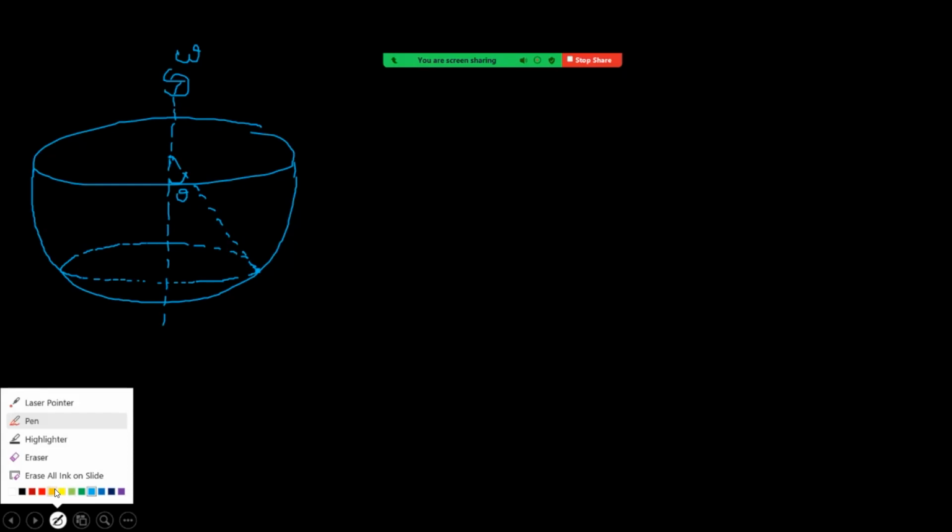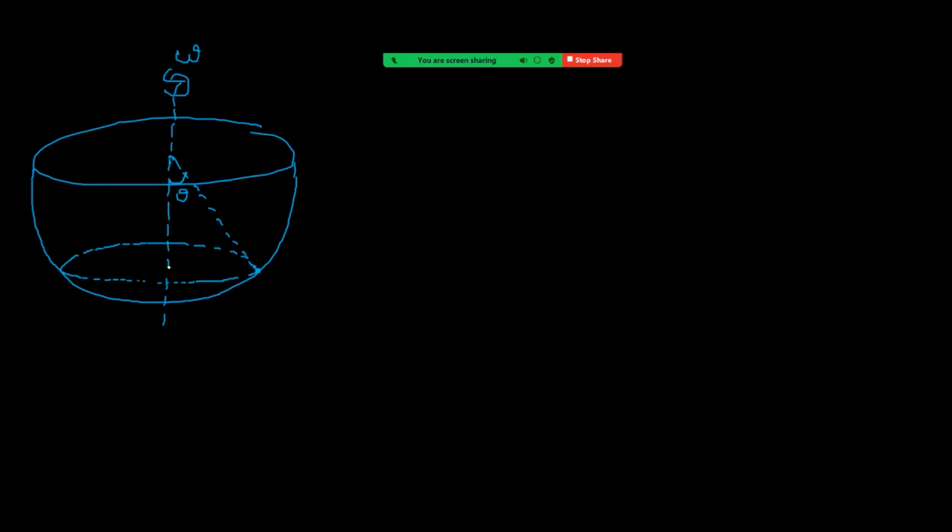And see, this will be the center of that circle. See how many forces are acting: mg downwards, and the normal reaction towards the center of the bowl. Let us now solve this question with respect to that block.